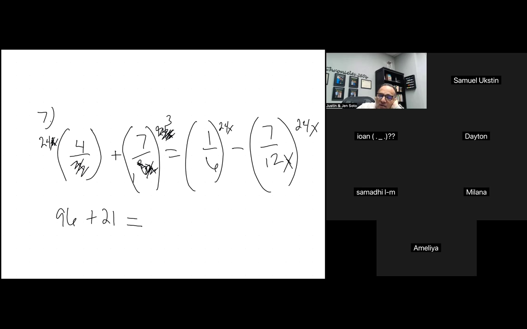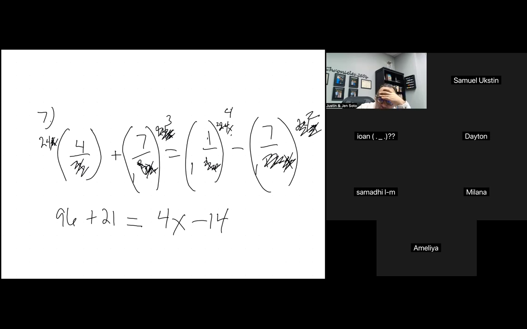Here, 6 and 24 reduce to 1, 4. 4x times 1 is 4x. 12x over 24x reduces, the x's cancel out. The 12 is 1, the 24 is 2, minus 14.